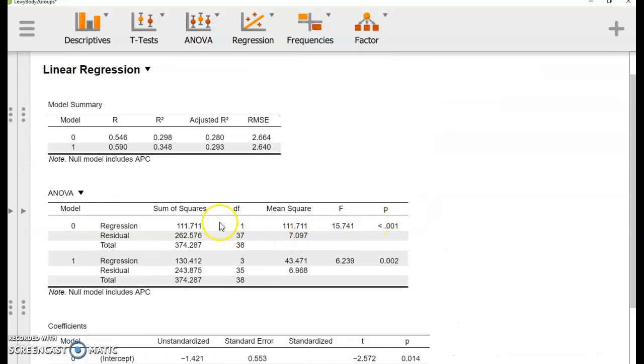If we look at this, we can see that the r-squared does go up, and even the adjusted r-squared. The r-squared is always going to stay the same or go up, but the adjusted r-squared goes up with the full model. Model 0 would just have the gray matter. Model 1 would have the gray matter, the interaction term, and the indicator variable. We can see the full output here.